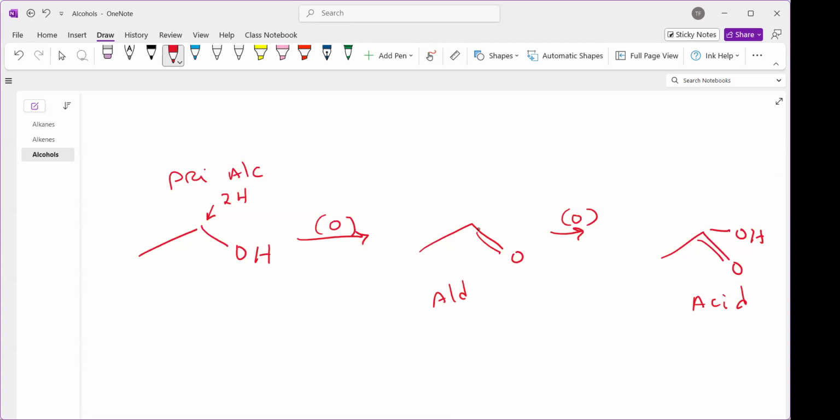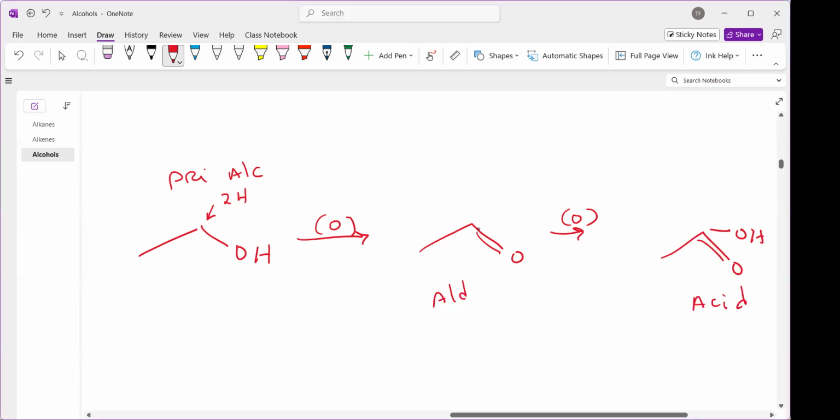Now, this reaction with ethanol is particularly important biologically. When you drink a cocktail, alcohol gets changed in your liver. It gets oxidized in your liver by an enzyme called alcohol dehydrogenase.